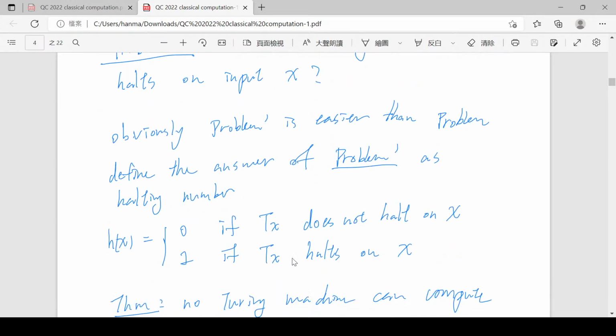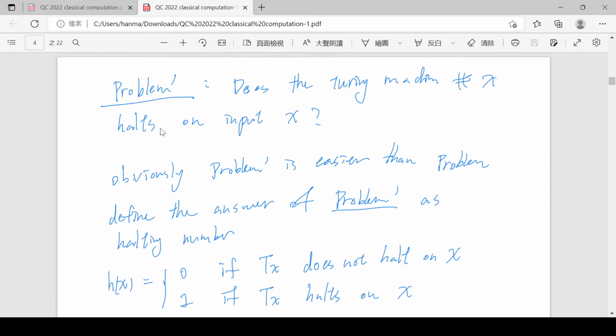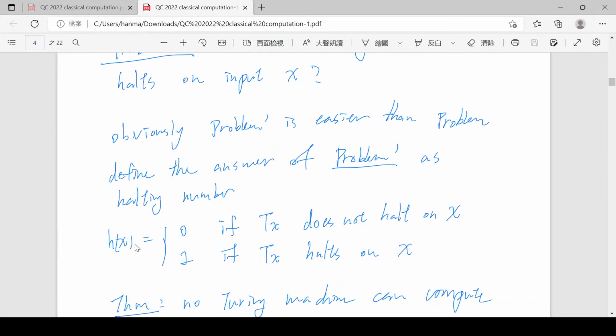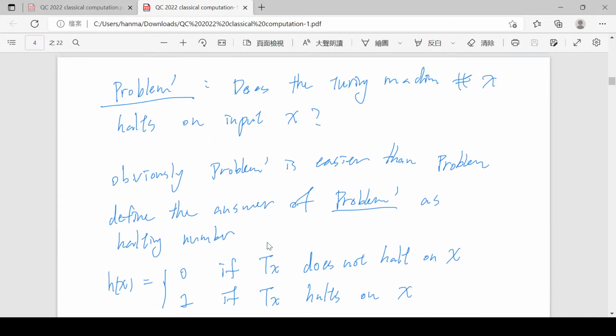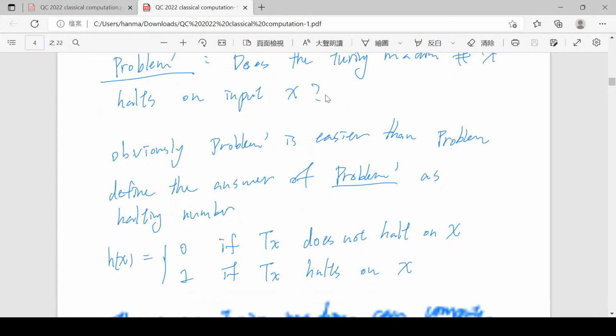That means the Turing machine number x will halt on input x. Then we say h of x equals 1. Otherwise, if the Turing machine x does not halt on input x, then we say h of x equals 0. So this is just a notation to say whether the answer to this problem prime is 0 or 1 when you put x into it.